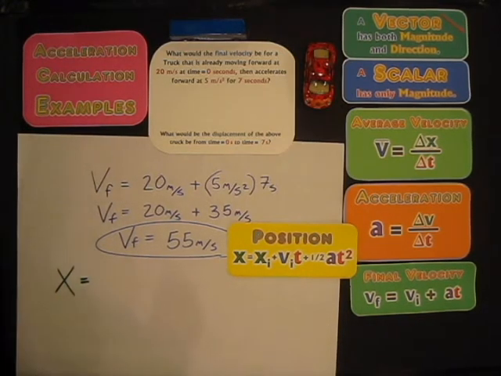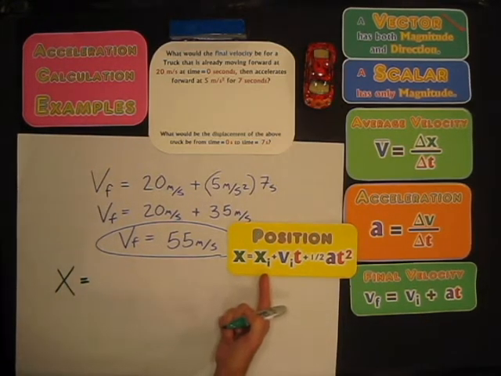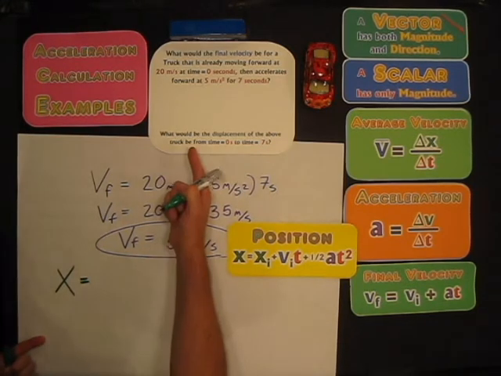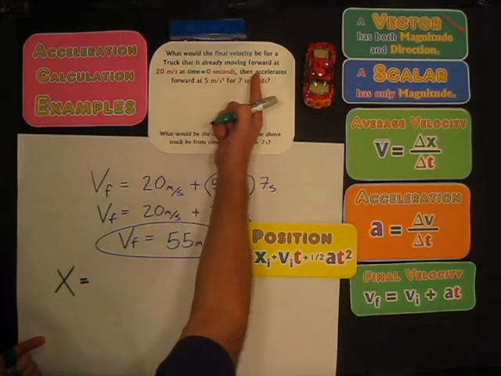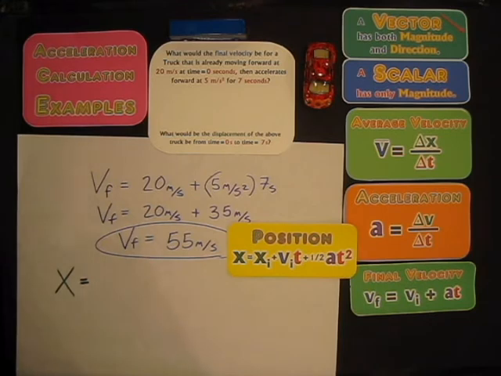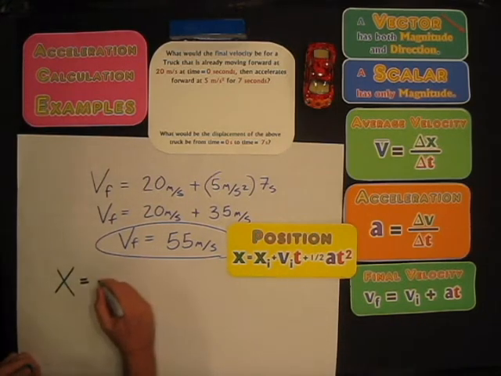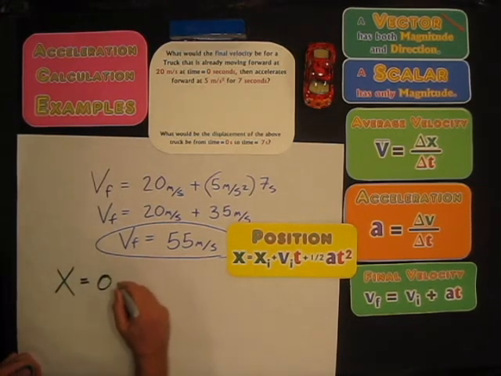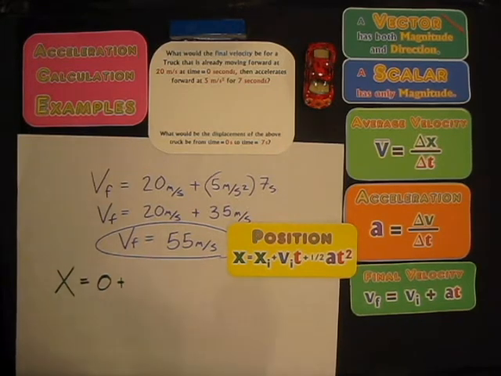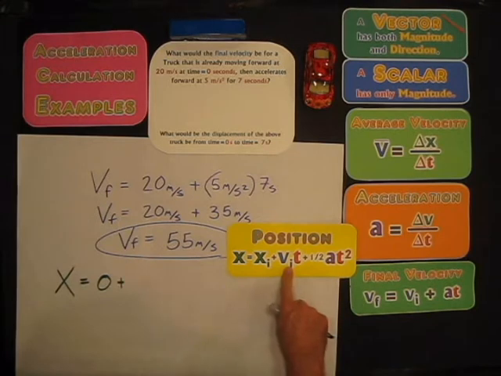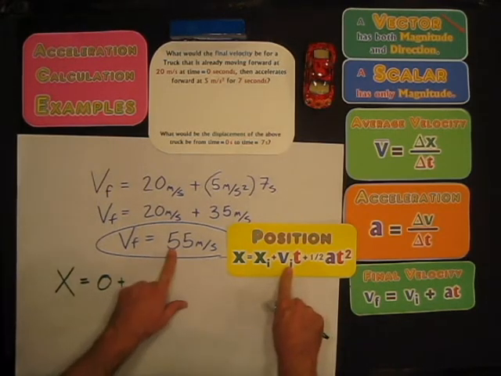So my initial position, oh yeah, it's already moving forward, but even though it's already moving, we might as well define where it was at 0 seconds as 0 position. So if xi is 0, that makes things easier. And then we need our initial velocity, not my final velocity.